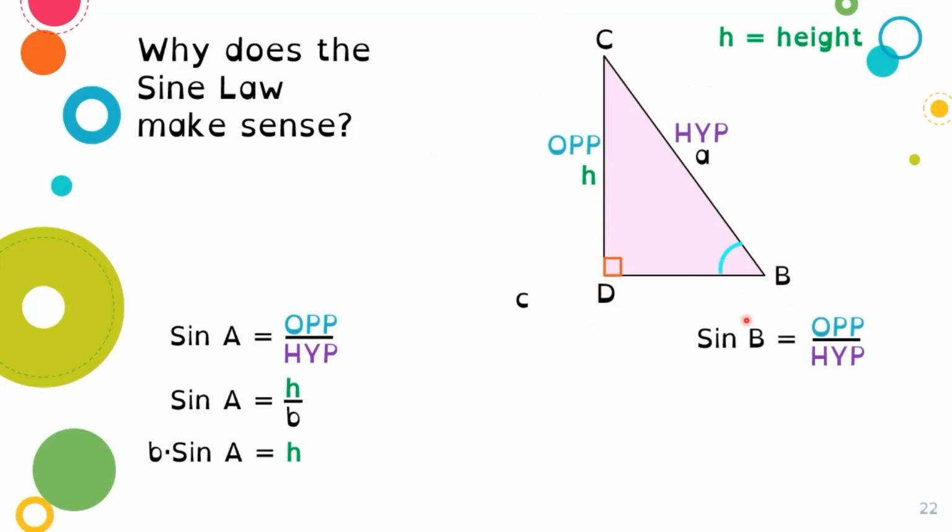So sine of B is equal to opposite over hypotenuse, still by the definition. So sine B is equal to H over a. So H is equal to a times sine B.